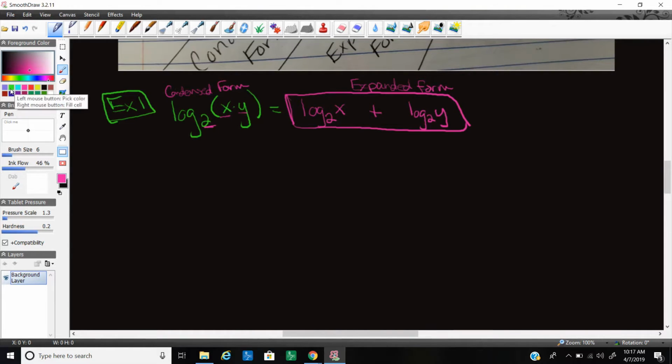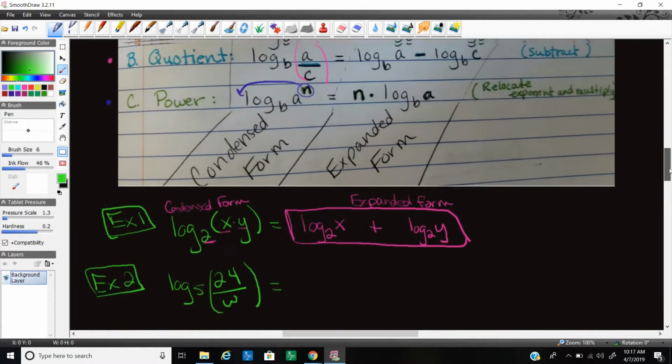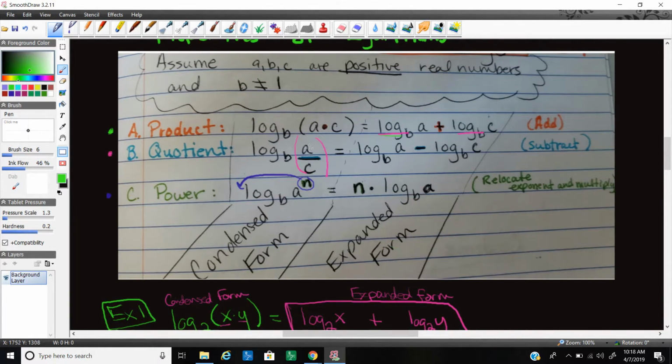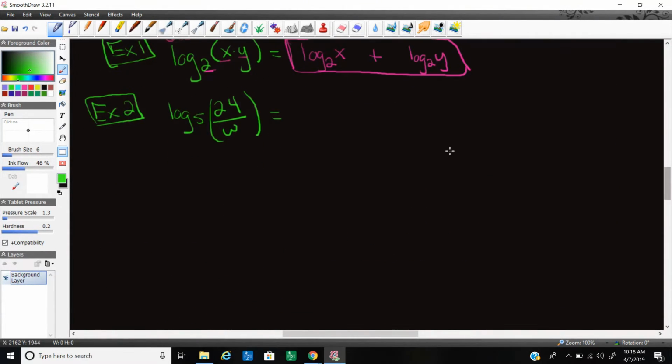Okay, let's look at another example. So using the next property, and then we'll combine some of these at the end. Let's say we have log base 5 of 24 over w. I'm just kind of making the letters up. Well, we're going to go ahead and use the quotient rule. So the quotient rule tells us that if we're dividing terms, we actually subtract them when we go into the expanded form. Okay, so again, we have two terms.